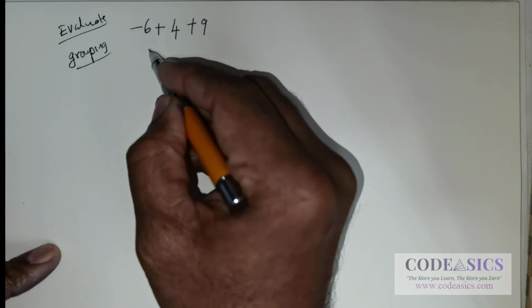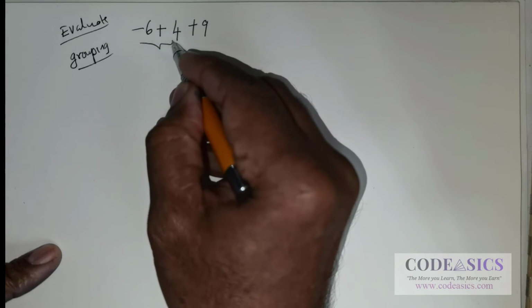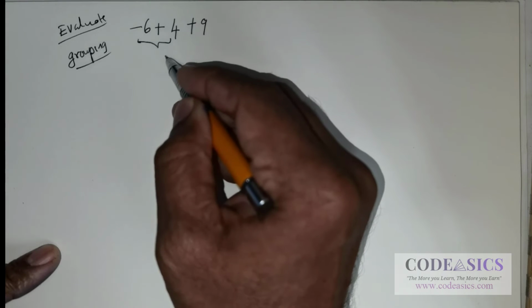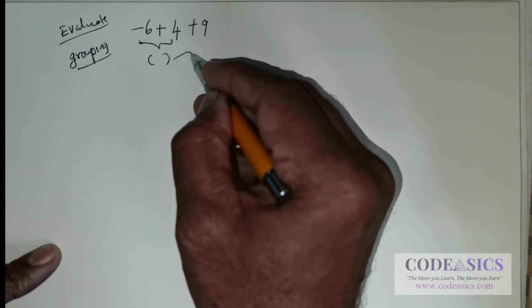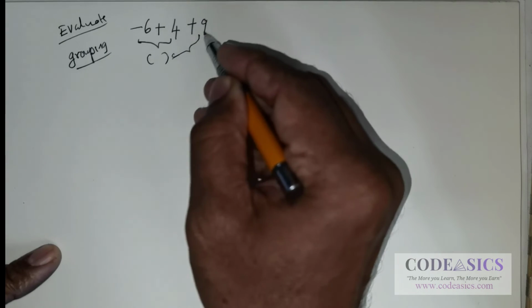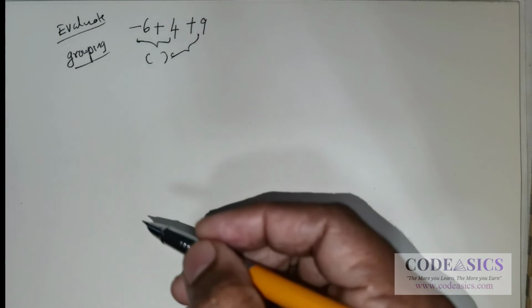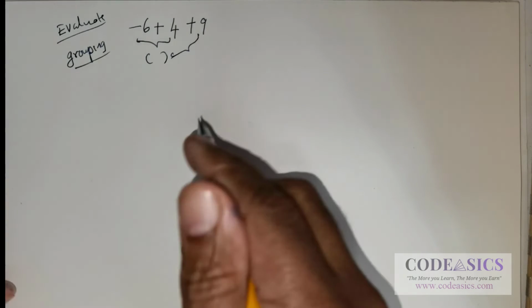What does that mean? It means you take two quantities at a time and add them up, and when you get the result, you take that result and add it with the next quantity. You're free to group in whichever fashion you want. Now I'm going to be grouping negative 6 with 4.